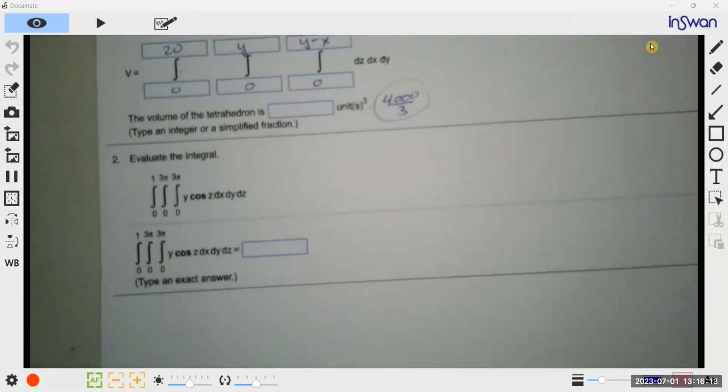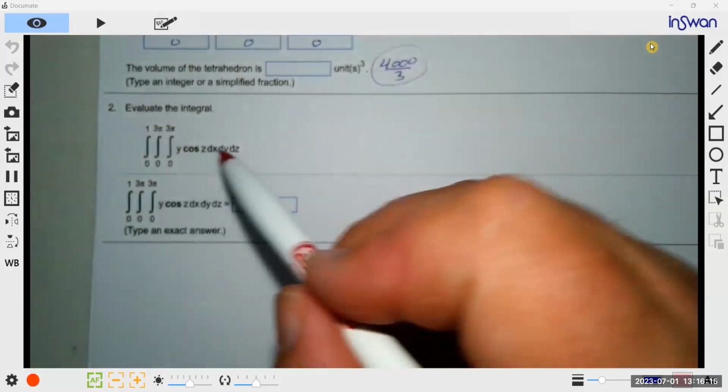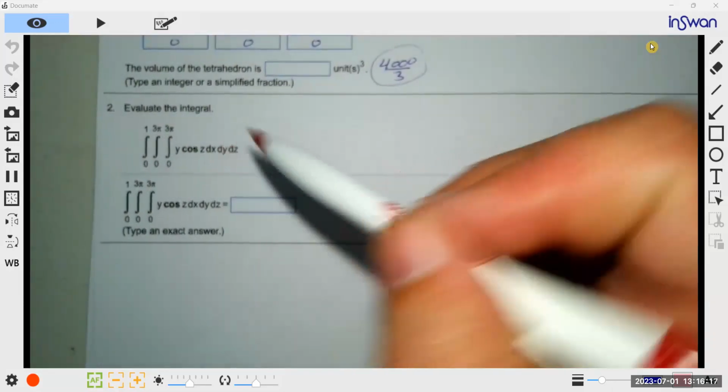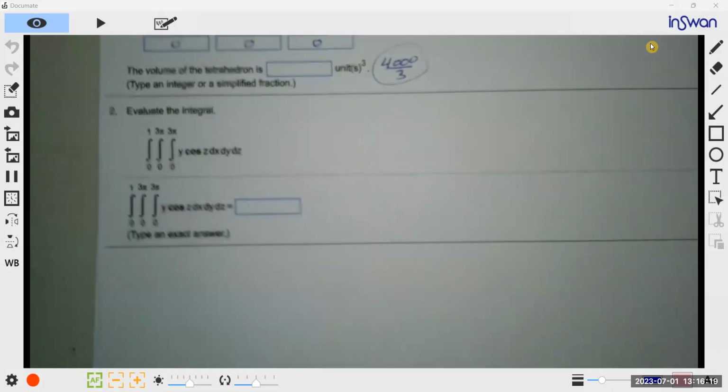Let's look at number 2. Evaluate this triple integral dx, dy, dz. Let me write it down.